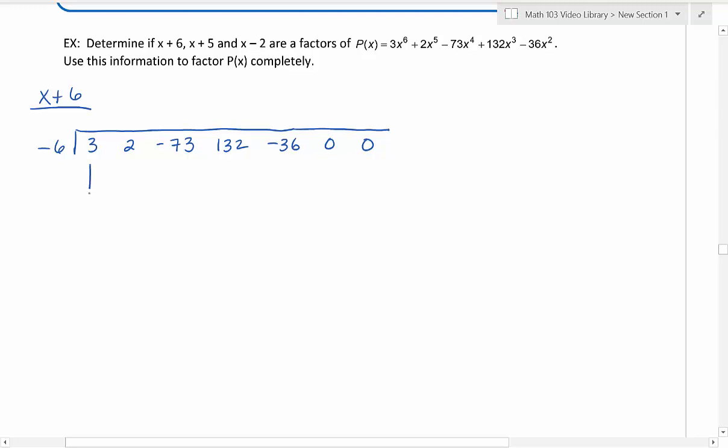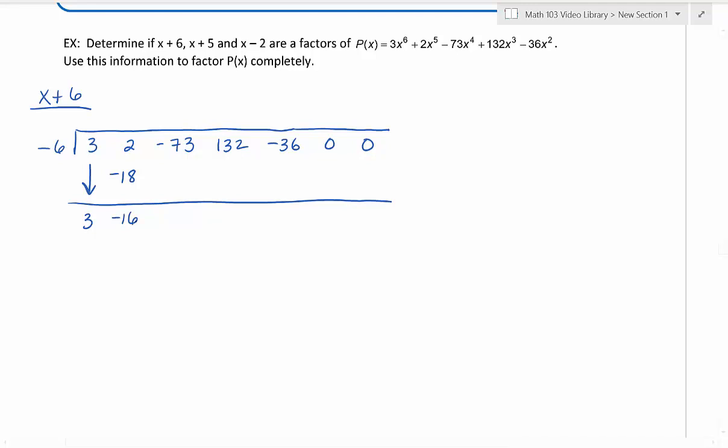And now we'll synthetically divide. We drop our first number straight down, and then multiply it by -6. It's -18. Add down, -16. Multiplying that by -6, I get 96.